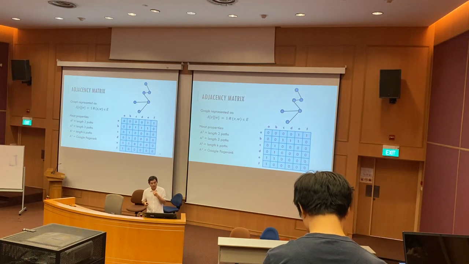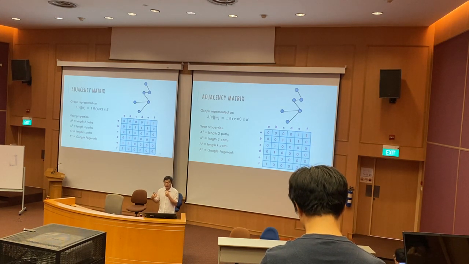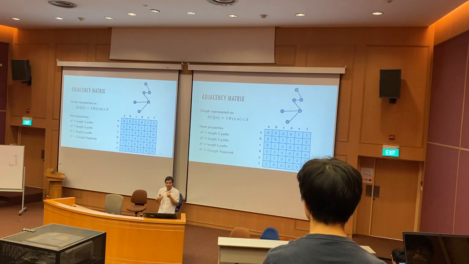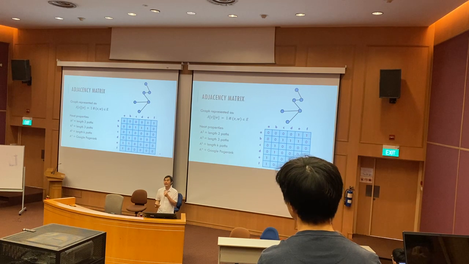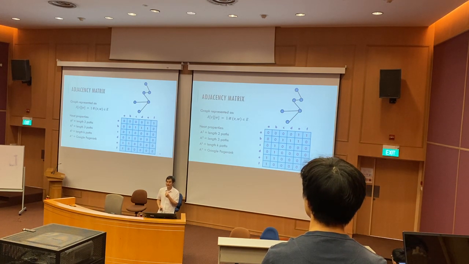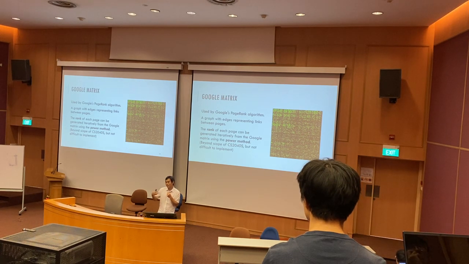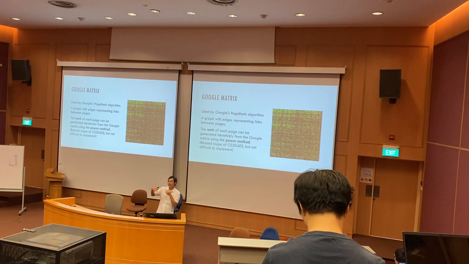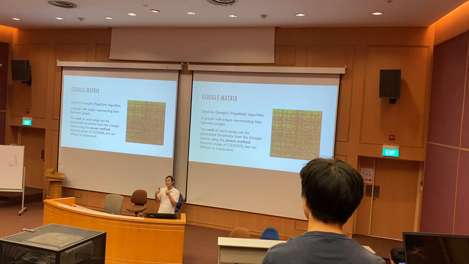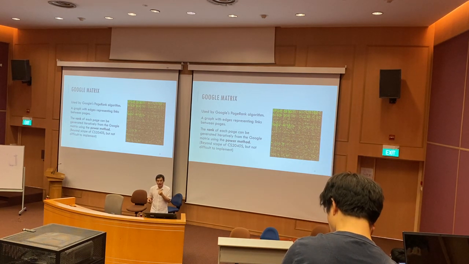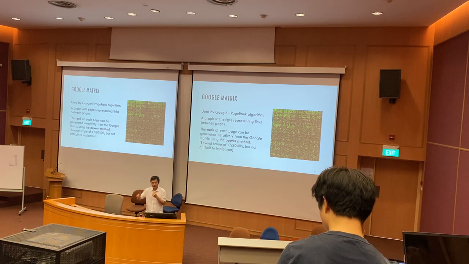So you can generalize this a little bit. You can generalize to length 3 paths, length 4 paths, or any length k paths. Now it turns out that if you generalize to A to the infinity, you get Google PageRank. Google works like this. In Google's PageRank algorithm, a graph basically represents links between websites.